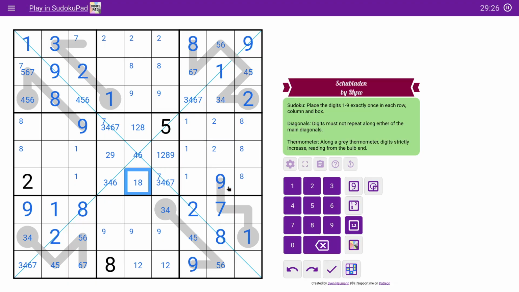Probably should have filled that in earlier. 5, 6 pair in the column I just noticed, making this 2, 3, 4. Interesting. Useful? Probably not. 3, 4, 5, 6, 7.